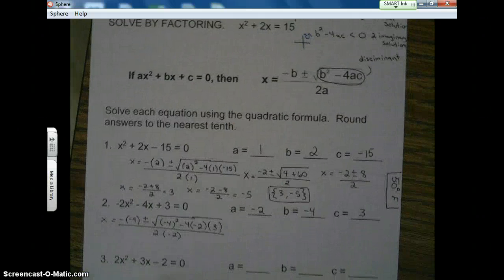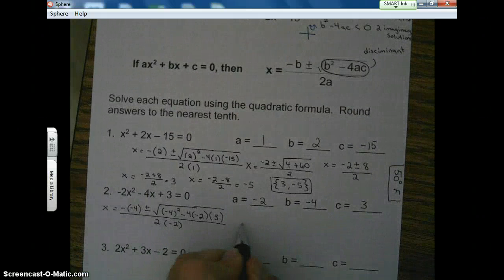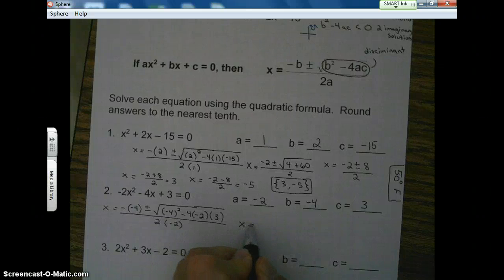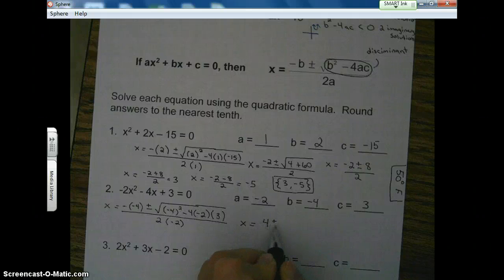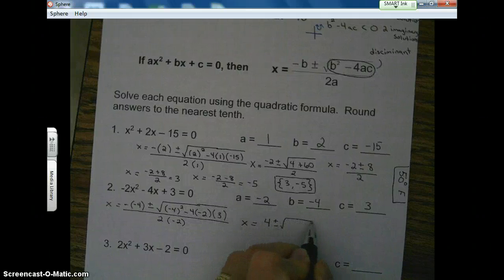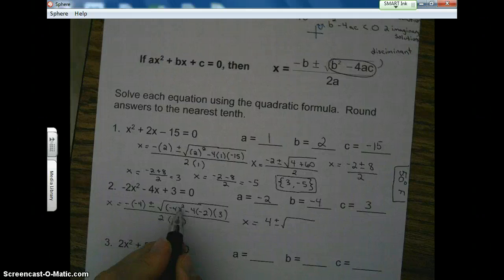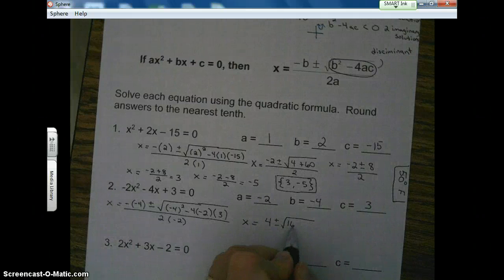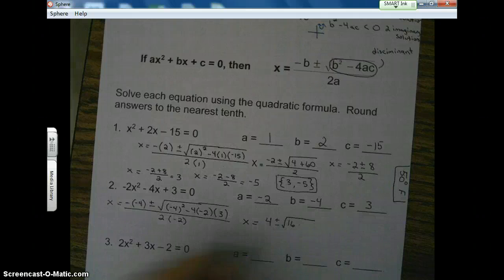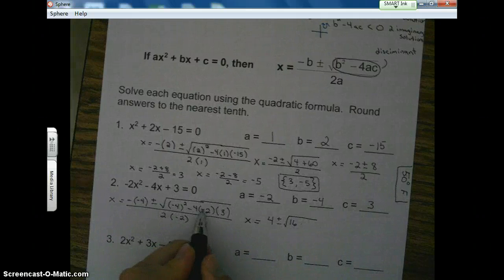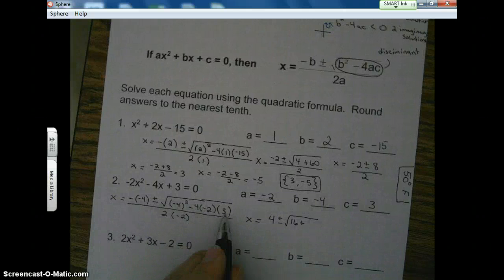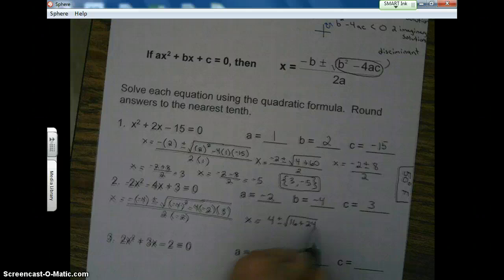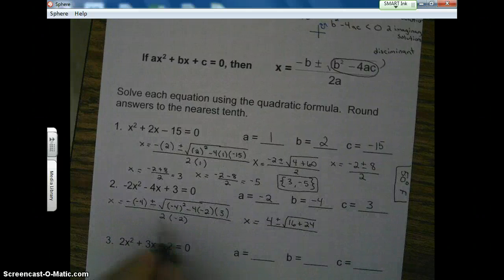All right, let's determine what our discriminant is first. So we're going to have x equals, a negative and a negative make a positive. Let's find out what that discriminant is going to be. Negative 4 squared, 16, minus, well, a minus and a minus is going to make a plus, so it's going to be plus 4 times 2 is 8, 8 times 3 is 24, over 2 times negative 2, which is negative 4.